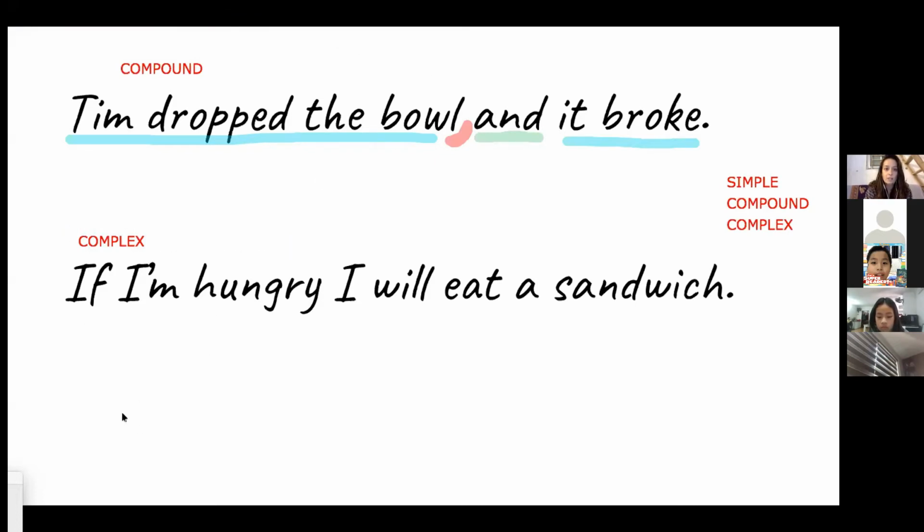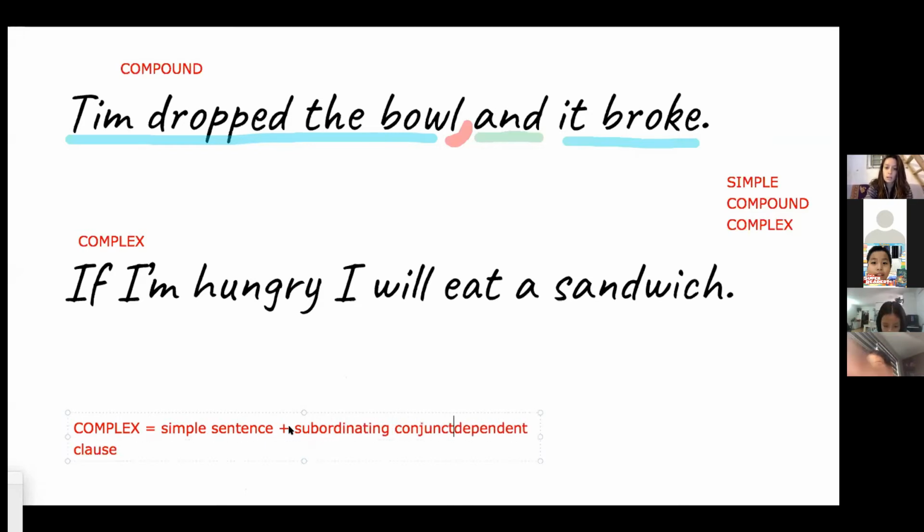So when we are talking about complex sentences, we have a few different parts. Inside a complex sentence, we're going to have a simple sentence plus a subordinating conjunction plus a dependent clause.